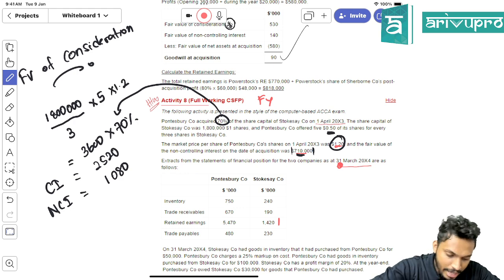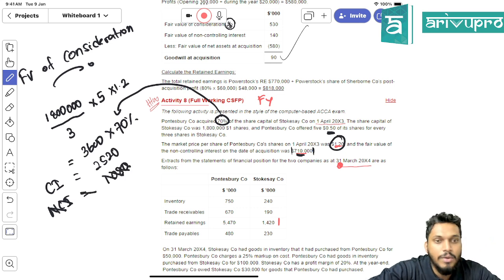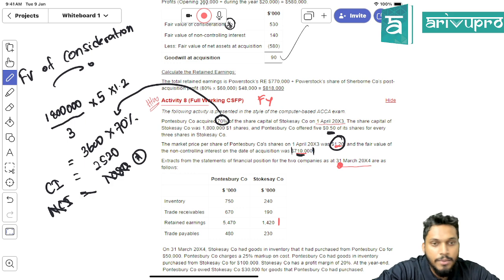You got it? At this point you don't want it, because at this point you are going to calculate what is your fair value of consideration, how much you are paying them. Okay? Alright. But I'll match this 1080 in a while. Just hold on for that.